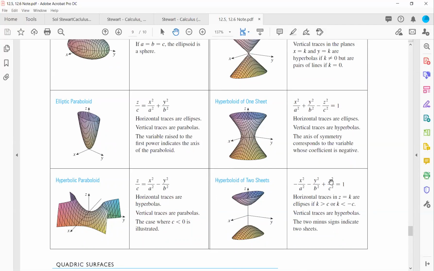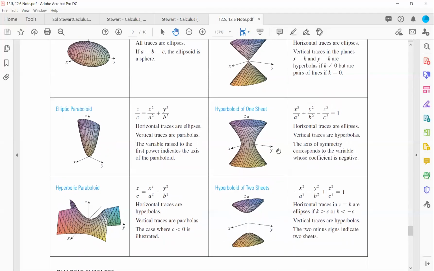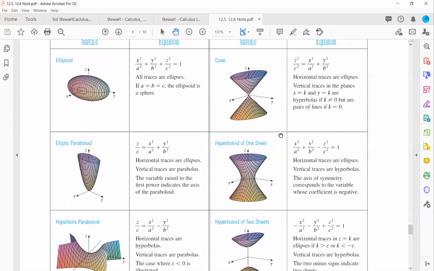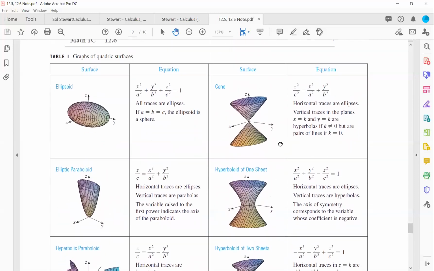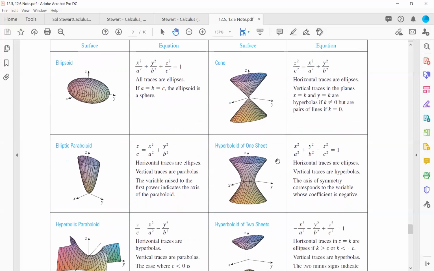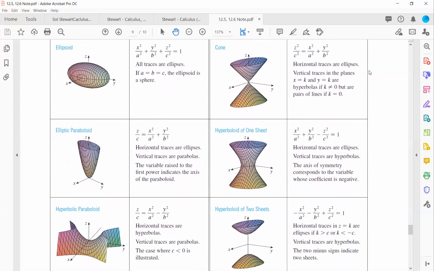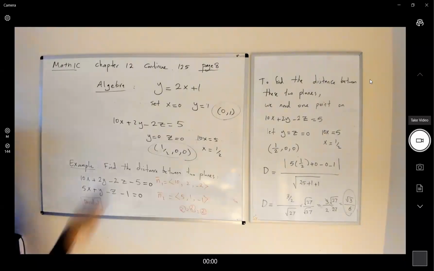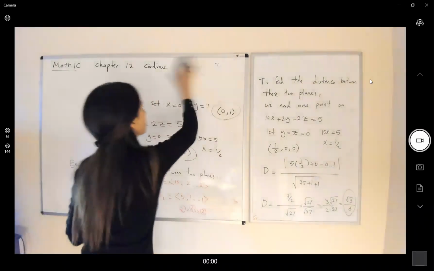If you want to compare it, you get a negative 1 on the right-hand side. You get a hyperboloid of two sheets. Again, you need to know all of these formulas to be able to classify an equation of x, y, and z. Very well. Let's take a look at some examples.